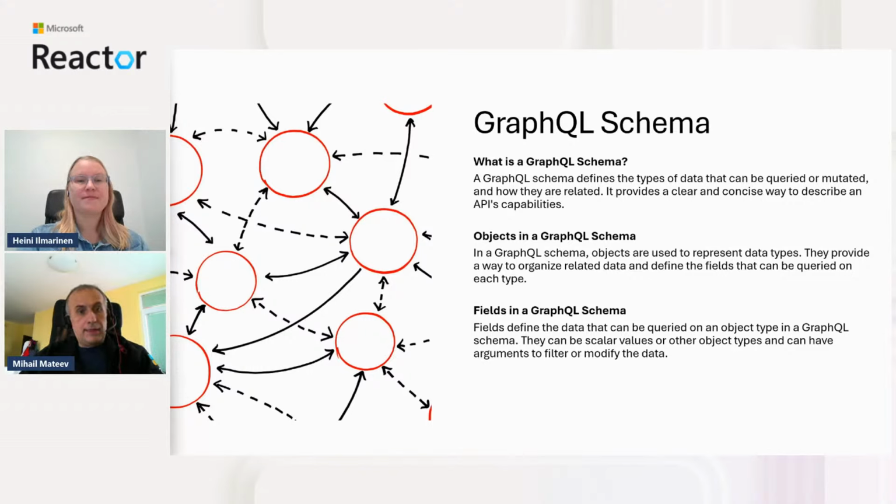We need to have data types that represent main data structures in our GraphQL. We will have also objects that represent instances of these types, and we will have fields in the same way as when we are talking about objects in programming, but here it is mostly about entities and data. So we have the same approach.